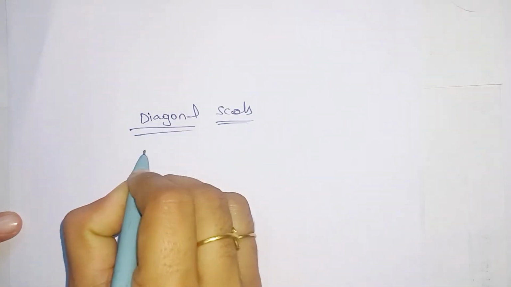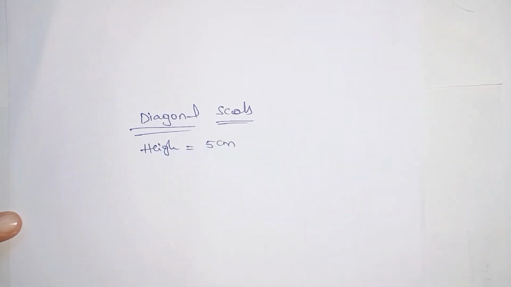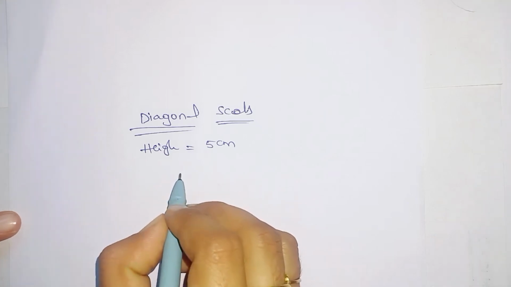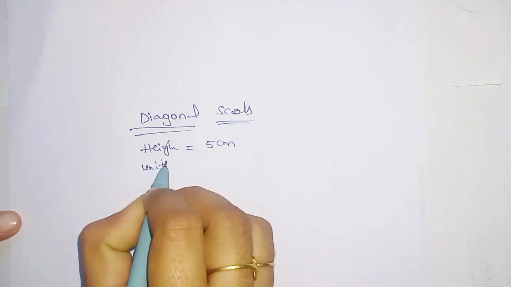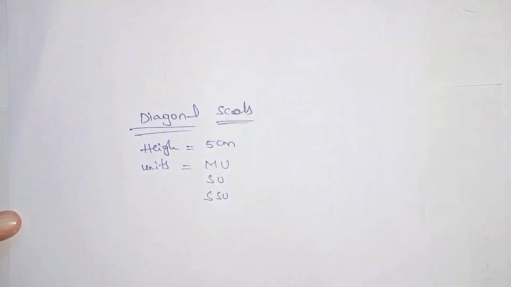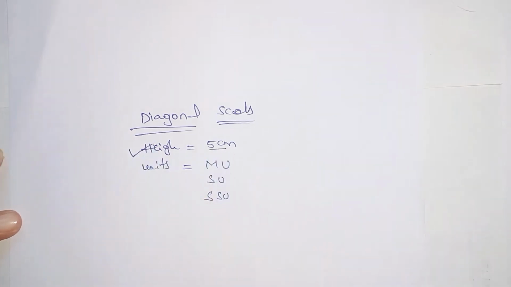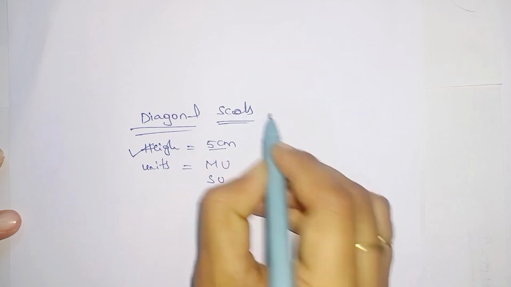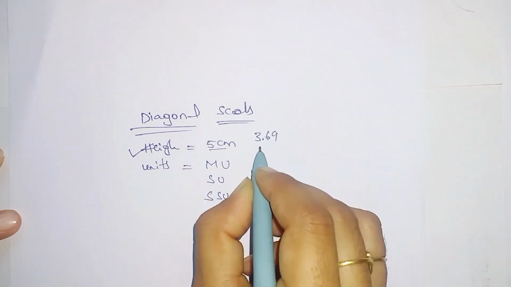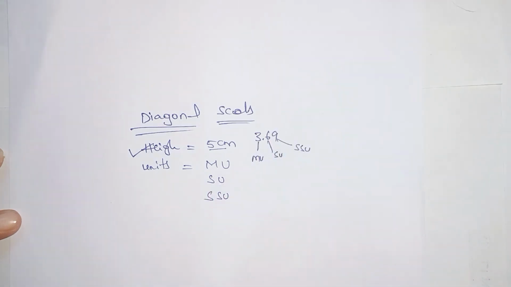The height of a diagonal scale is 5 centimeters. To identify a diagonal scale, there are units: a main unit, a subunit, and another subunit. In a diagonal scale there are 3 units. For example, in 3.69, 3 is the main unit, 6 is a subunit, and 9 is a subunit. That is the rules and regulations of a diagonal scale.